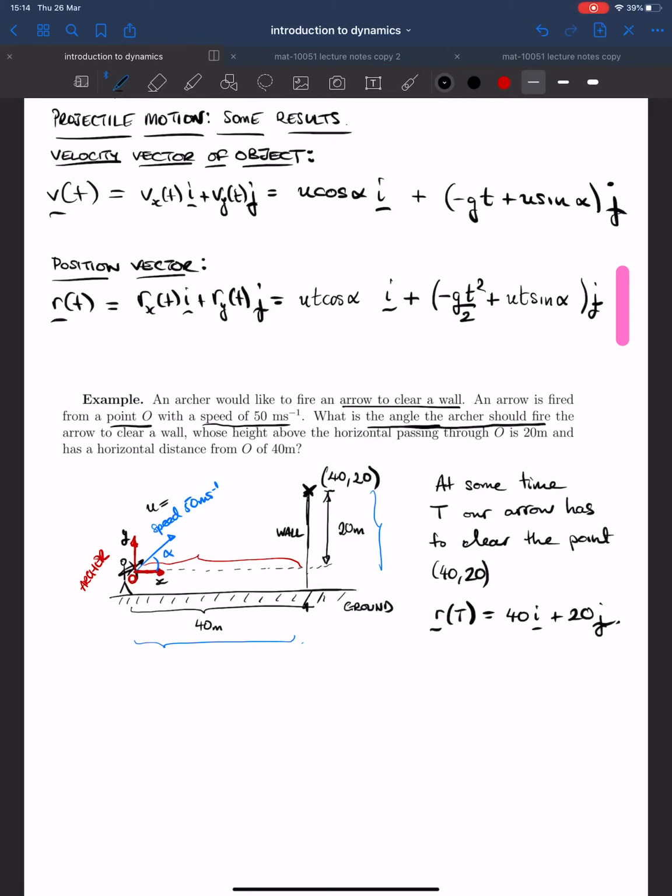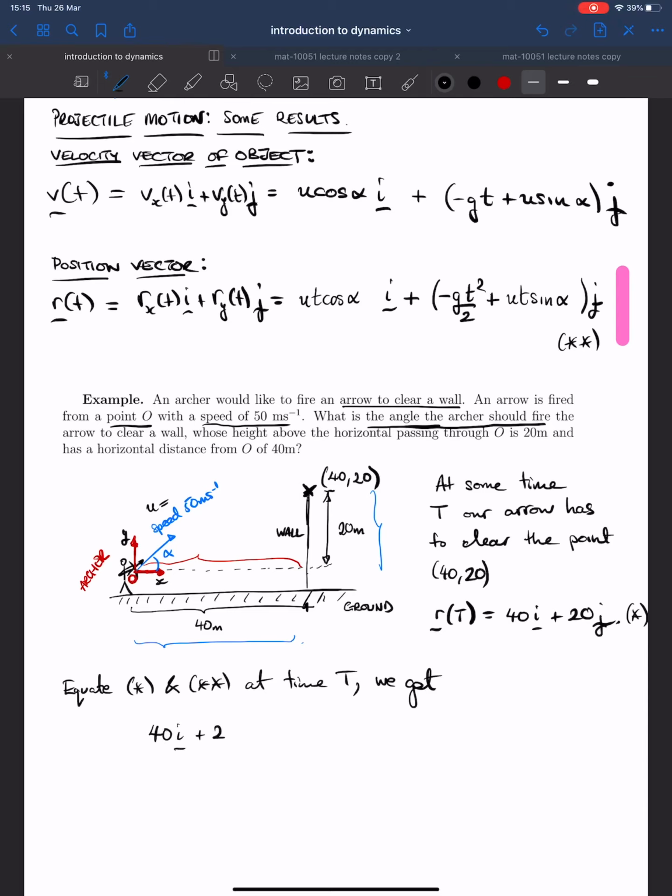If I equate star and double star at time capital T, we get this following vectorial equation.